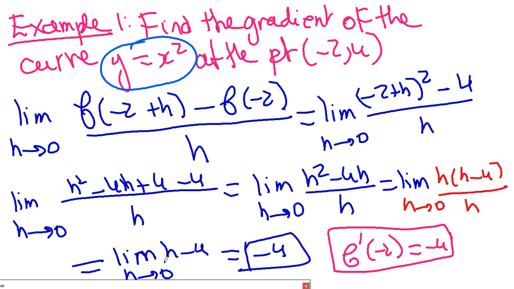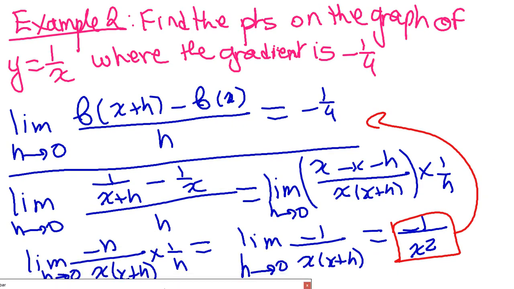And now I need to find the limit of h minus 4 when h tends to 0. When I replace h by 0, my answer is minus 4. What can I deduce? That the derivative of the function at the point of abscissa minus 2 is minus 4. Or also I can say the slope of the tangent, if I draw the graph and try to draw the tangent at the point minus 2, the slope m of the tangent is going to be minus 4.